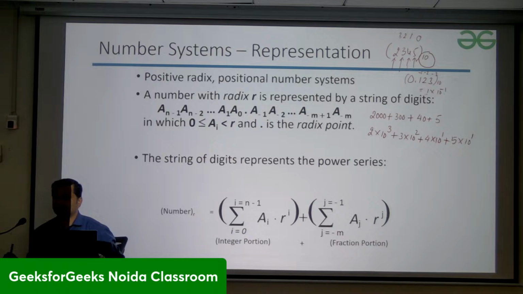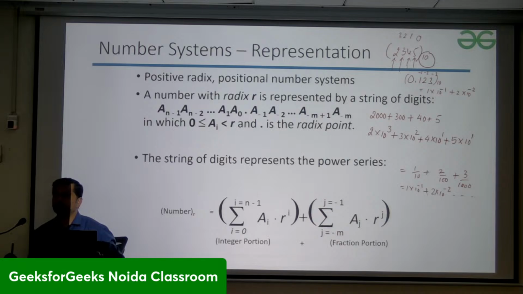So 1 into 10 to the power minus 1 plus 2 into 10 to the power minus 2, or what we can say, we can simply write it into the expanded form as 1 upon 10 plus 2 upon 100 plus 3 upon 1000 and so on. So it is simply converted like 1 into 10 to the power minus 1 plus 2 into 10 to the power minus 2 and so on.